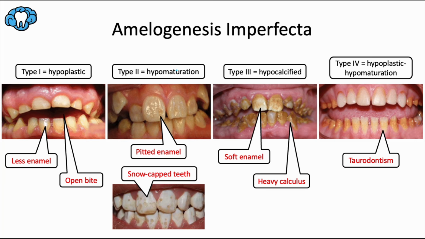How I remember the order of these is P for plastic, M for maturation, C for calcified, PMC, which of course stands for PubMed Central, which is a hub for biomedical literature where you could certainly read about amelogenesis imperfecta.